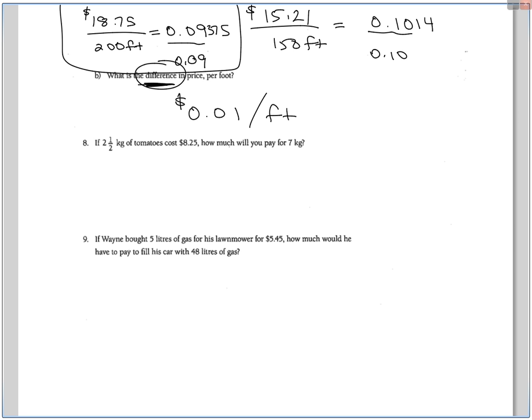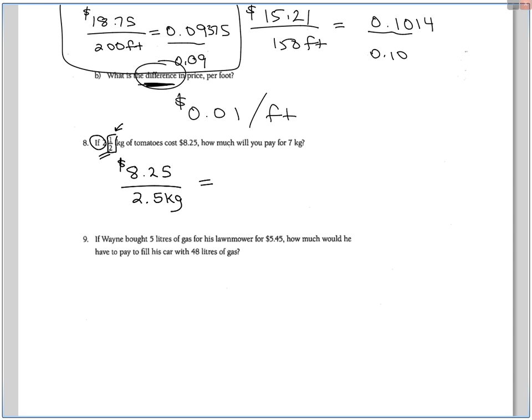Next one is not so much a unit price, because here they give you an if statement. So if 2.5 kilos costs $8.25, so again, dollars on top, 2.5 kilos looks like this. I would just, in my calculator, if you don't know the decimal for the fraction, type just the fraction into your calculator, get the decimal, and then add it on to the whole number beside it.